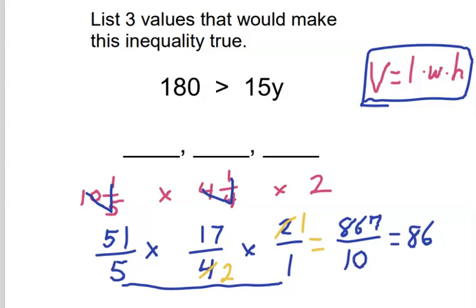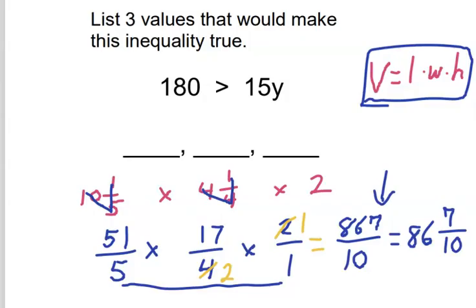Okay, so if we take that, it's just going to be 860, right? 86 times 10 is 860. So we have 7 left over, right? So we're going to have 7 on the top out of 10. So we have 86 and 7/10.